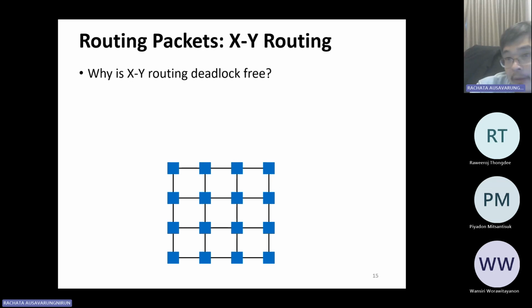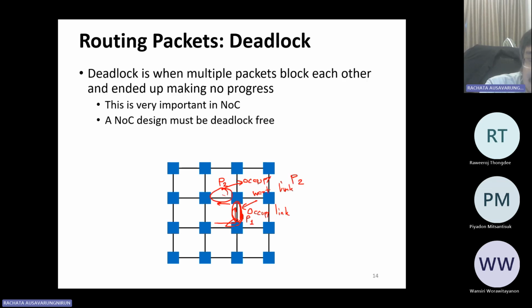Now, if you look at XY routing, why are they deadlock free? Because packets flow in the same direction. The reason why these are locking each other is not because the link is occupied. It's the buffering that takes things out of the link that is occupied.